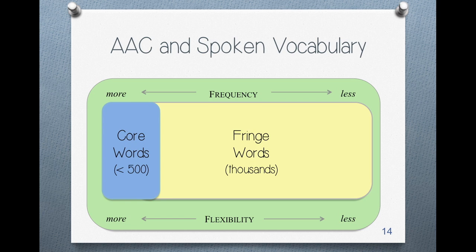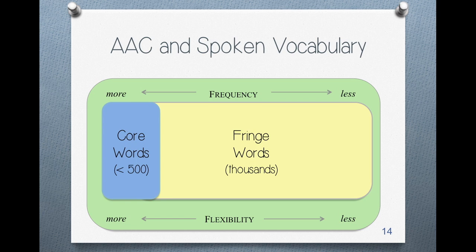The words core words and fringe words, those are not words that are familiar to educators. And where we have our emphasis here on core words, that isn't necessarily true for the vocabulary that we're using in the educational setting. So this picture is a good representation of spoken words, but it doesn't really tell us where we're going to find our academic learning targets.